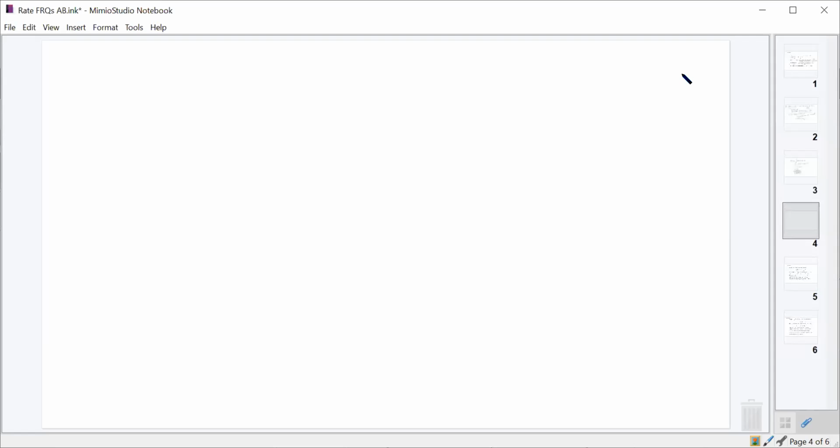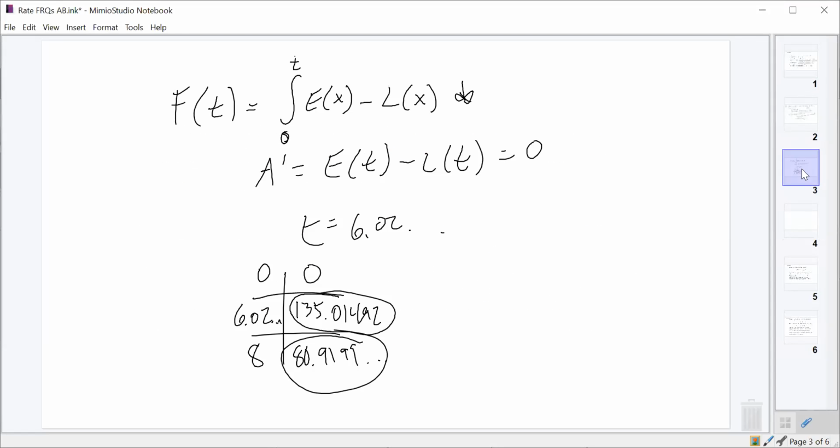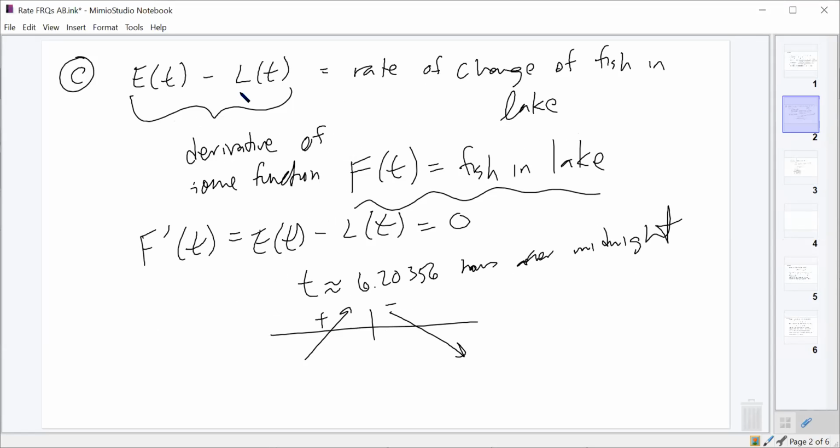All right, and real quickly here, last part. What was the scoring breakdown on that last one for C? So 1 point here for setting A prime equal to 0 or E of t minus L of t equal to 0. 1 point for your answer and 1 point for the justification.